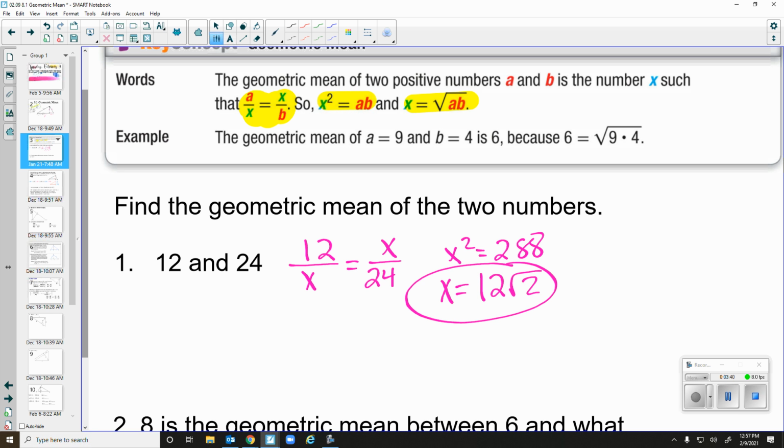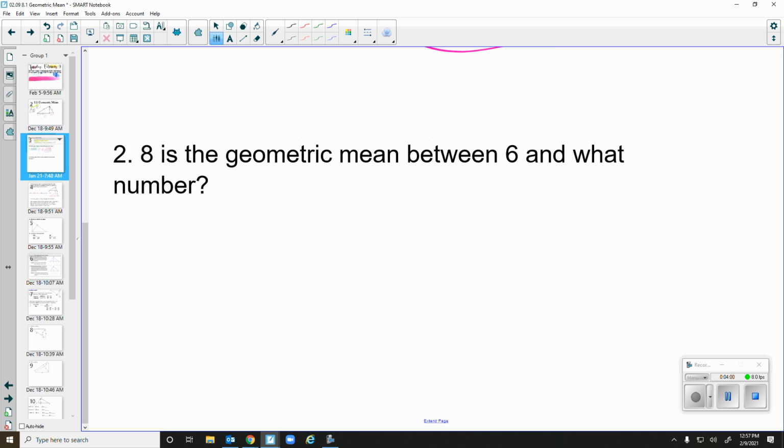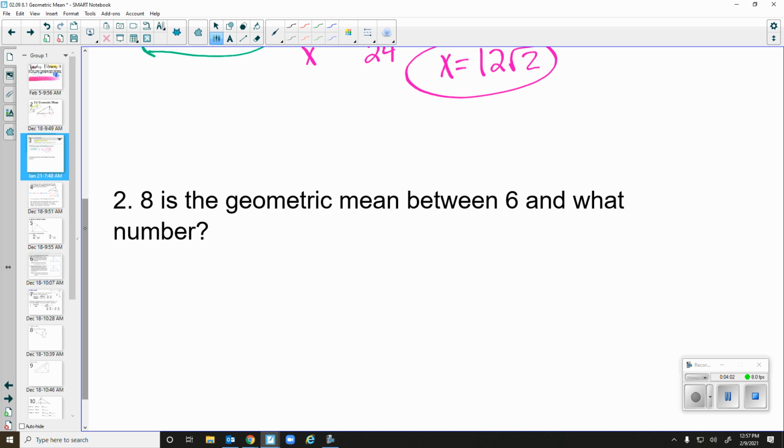That's what you're doing if you're just given, like, what does geometric mean? Truthfully, you probably could even shortcut going straight from here to there if you wanted to, instead of setting a proportion. Just multiply the 2 numbers together, whatever it is. The other option is if I give you the geometric mean, so 8 is the geometric mean between 6 and what other number?